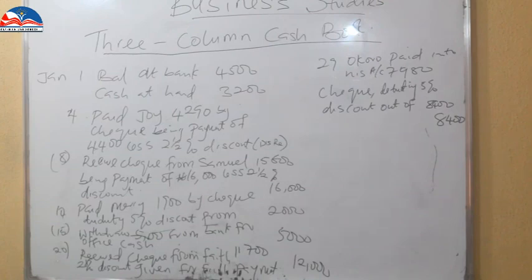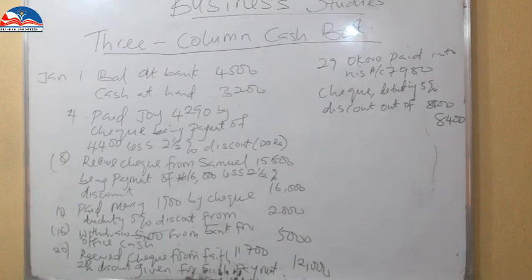Then on the 10th, he paid Mercy 1,900 by check into his account, with a deduction of 5%. When you do 5% deduction of 2,000 naira, you're going to have 100 naira.